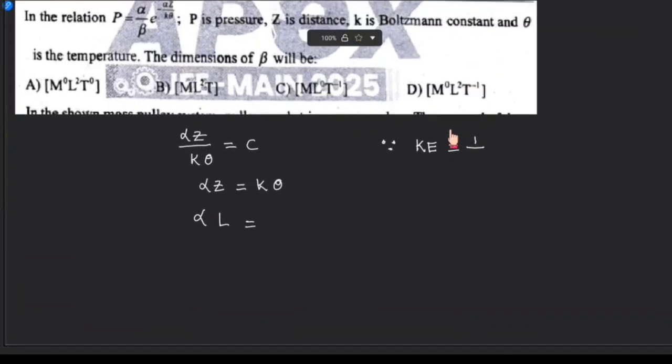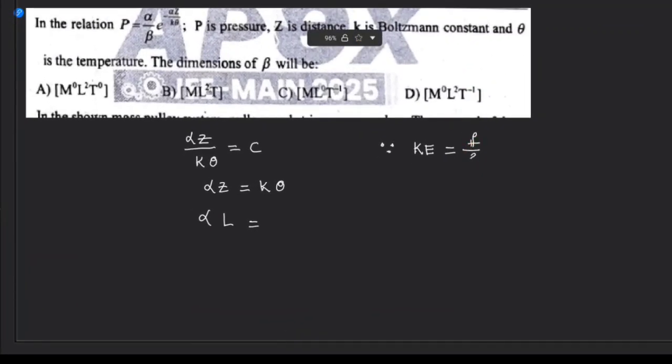Here this alpha is a constant, but z is distance, and the dimensional formula here will be equal to k. K is nothing but the Boltzmann constant. Since you know the kinetic energy formula, from kinetic theory of gases, kinetic energy can be written as half into kT or f by 2 into kT.